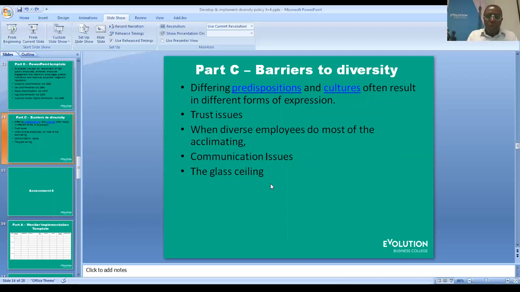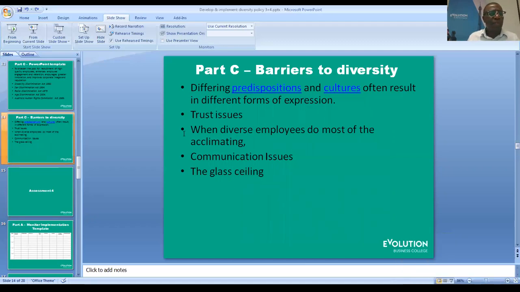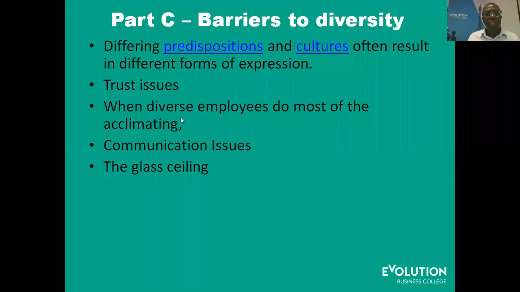And those different positions become a barrier to us when we have to merge together, and become a barrier in us appreciating one another. Trust issues. A lot of people have trust issues either with a particular nationality, or with people with a certain experience.